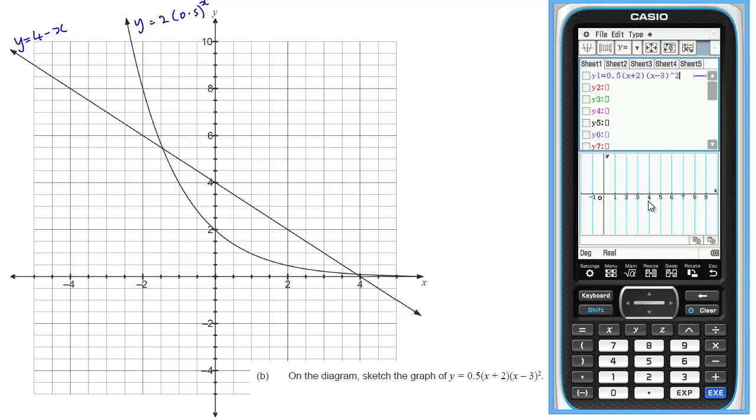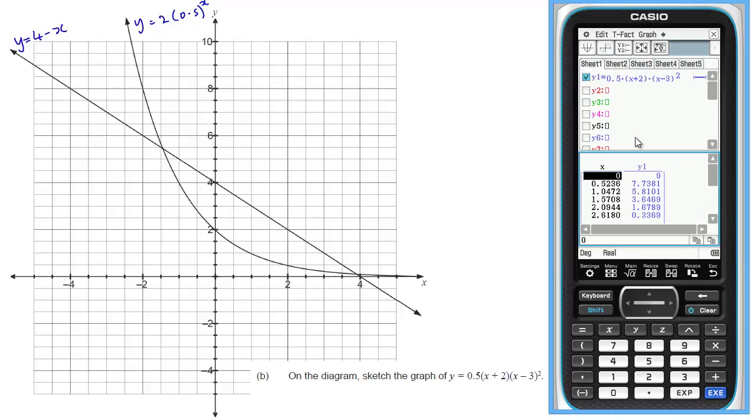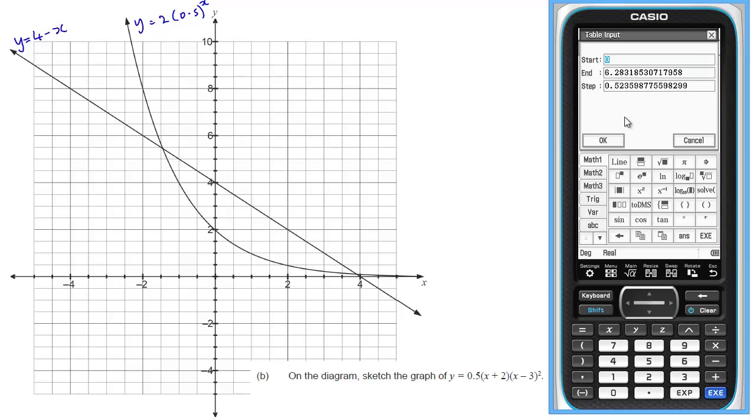squared, and rather than producing a graph from that, I'm going to produce a table. And I'm going to tell my table to start at -4 and end at 4, going in steps of 1.